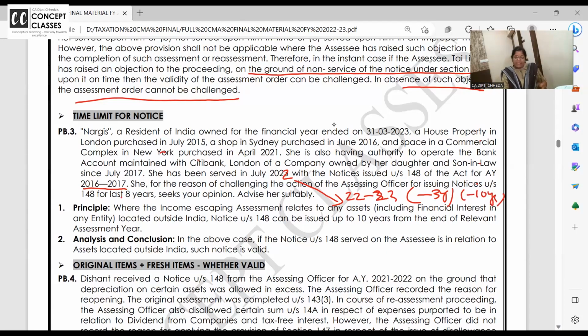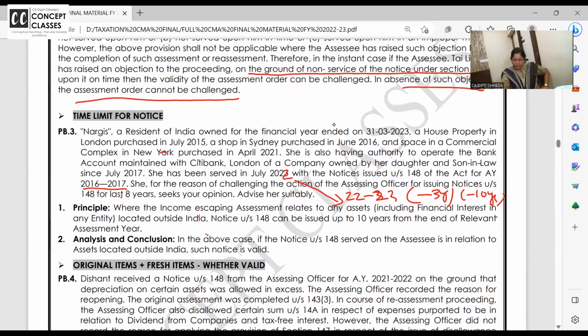Now this 16-17 means 3 years old reassessment they want to do. Are they allowed to do? Answer is yes. Where income escaping assessment relates to any assets, including financial interest, located outside India. If you have any finance, you remember the return of income topic. If you have signing authority outside India, or if you have an asset outside India, it is mandatory to file the return.